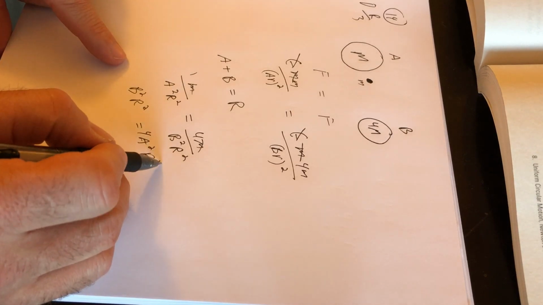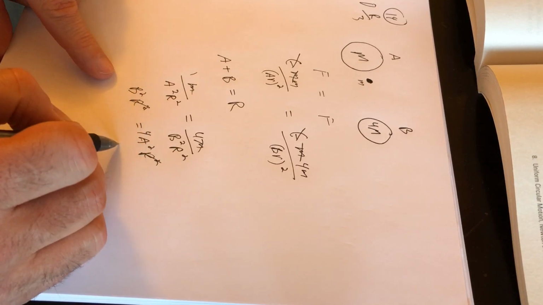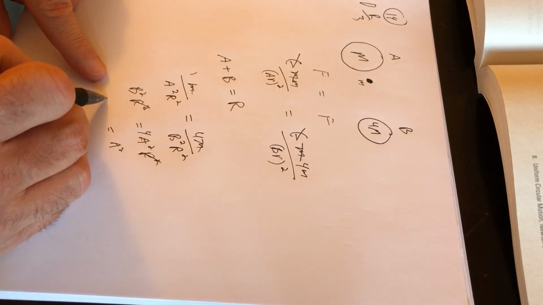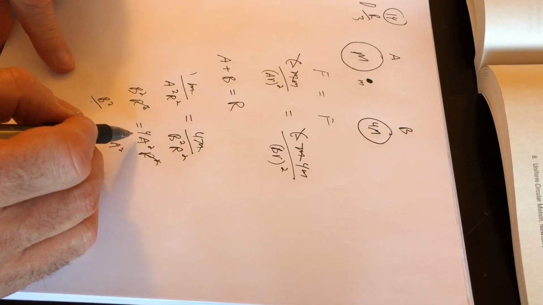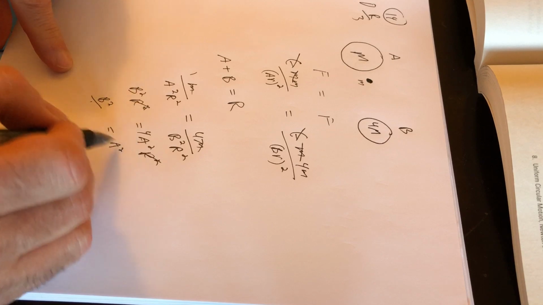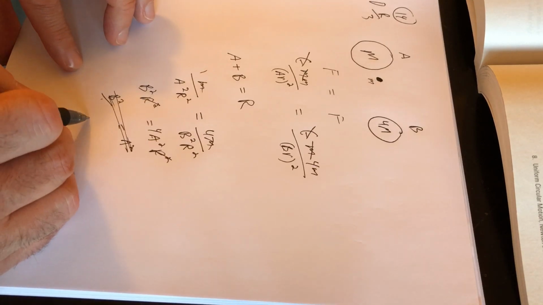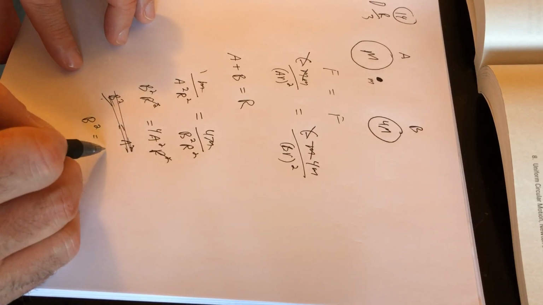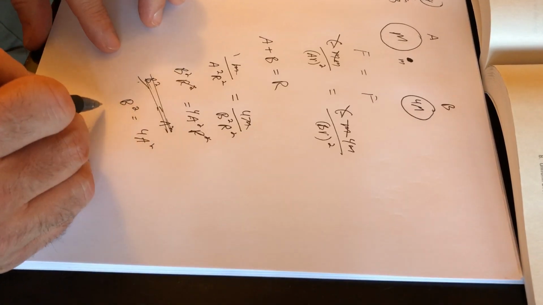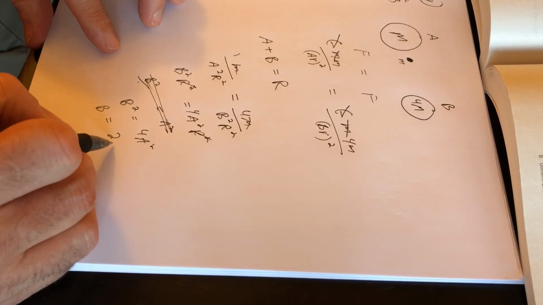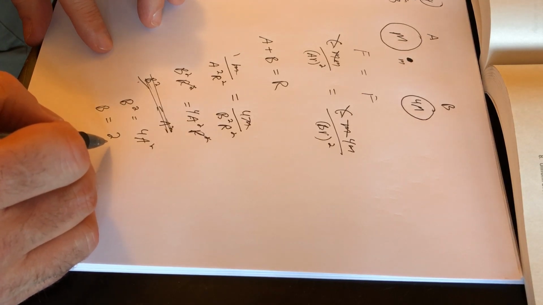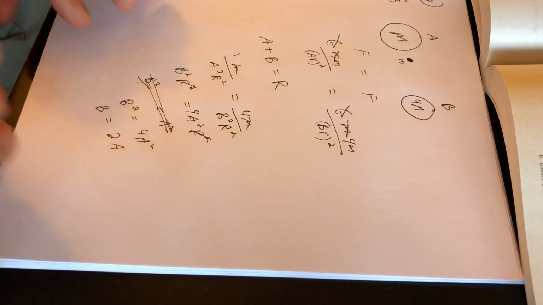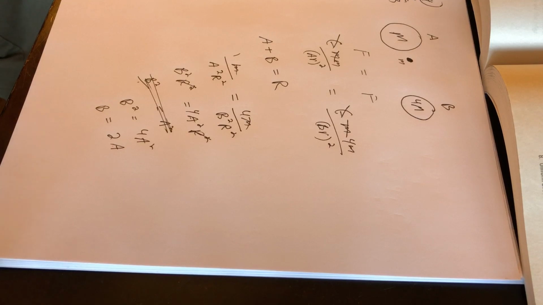So a squared is b squared divided by 4, or going the other way, b squared is 4a squared. So you take the square root of both sides and you get b has to be equal to twice a.